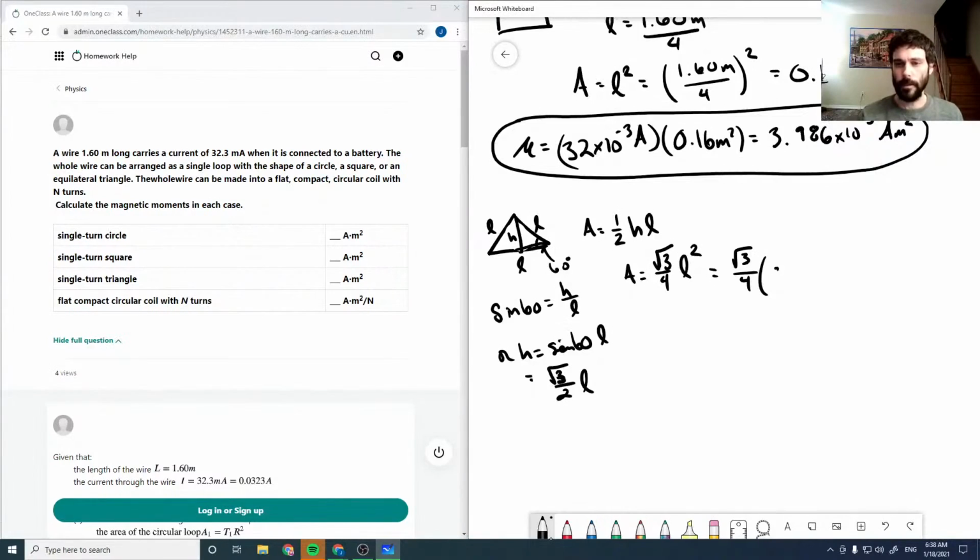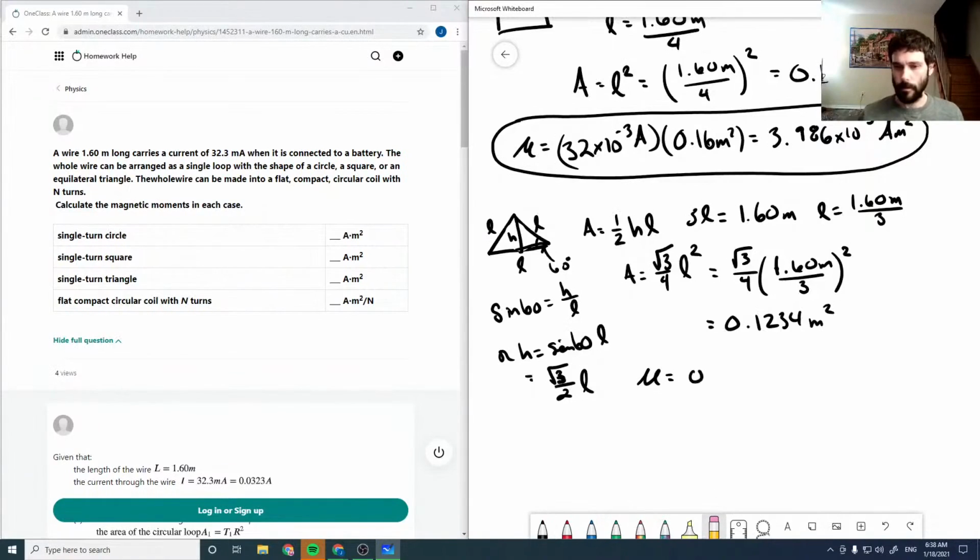Now for our circumference, 3 times our L is the 1.60 meters, so L is 1.60 meters over 3. So then this is 1.60 meters over 3 squared. And if we do that all out, it comes to 0.1234 meters squared.